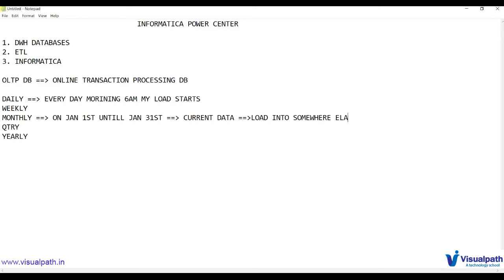Now again you don't have any data in your OLTP database, and your January data is no more current because you already loaded it somewhere else, and now you capture your February data. That's how you decide whether it's a current transaction or a historical transaction, based upon the different frequencies you have.